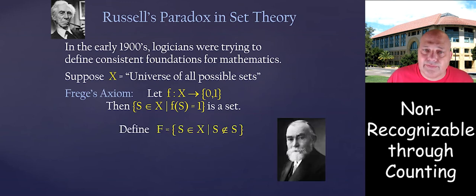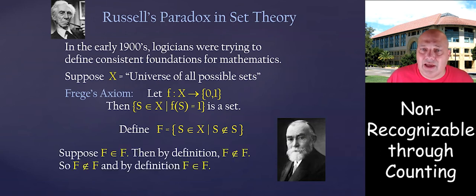And so this is Frege's axiom. And we can define now the set F, which is all the sets S in X so that S is not in S, right? Since being in S is a property, we can define a set based on this property.